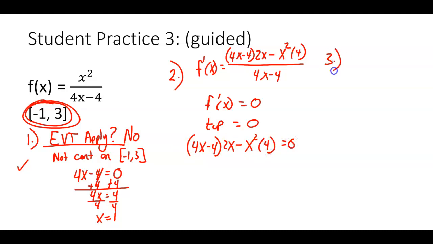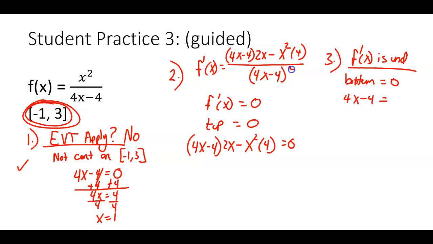And for 3, if you want to find out where the derivative is undefined, you set the bottom equal to 0. And I just realized, by the way, this was supposed to be squared. But remember, we talked about in class how you really don't need to include anything except for what's in the parentheses when you do this. So let's go ahead and do the one on the right.